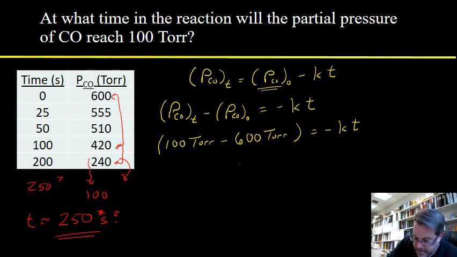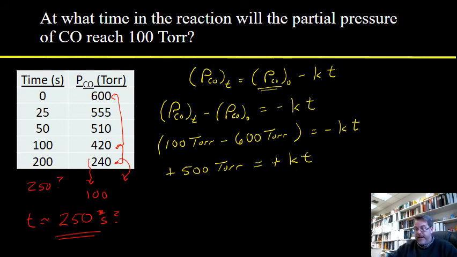On the left-hand side, we're going to get negative 500 torr is equal to negative kt. Right? We've got a negative on both sides, so we can just multiply the whole thing by -1. If we multiply both sides by -1, those two negatives will cancel out.